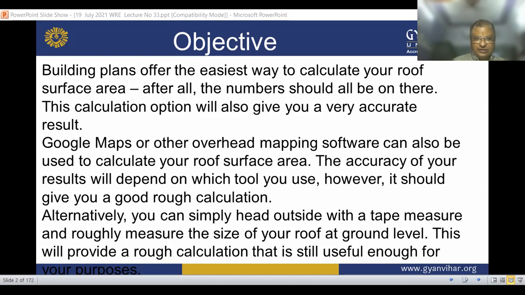Alternatively, you can simply head outside with a tape measure and roughly measure the size of your roof at ground level.